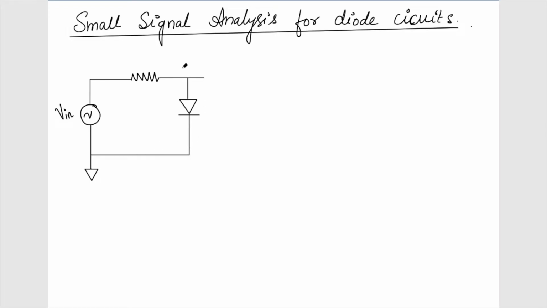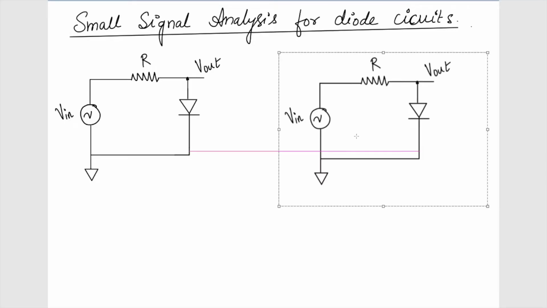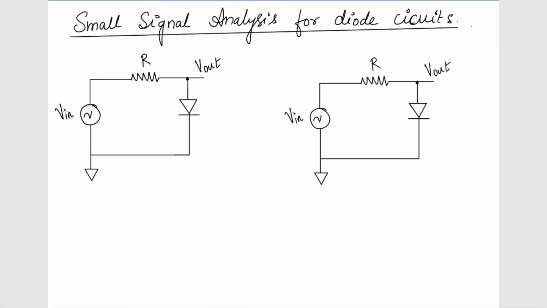This is my ground, and this is my resistor R, and this is the V out. Of course, we can decompose this V in into two parts: the small change, indicated by small v in, and the DC part, which is basically the capital V in.